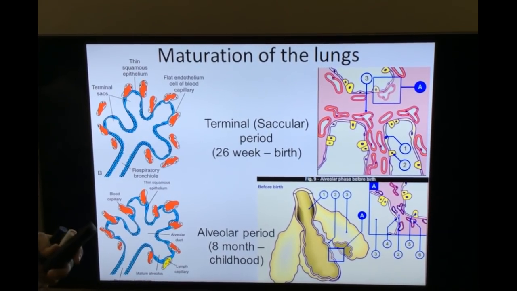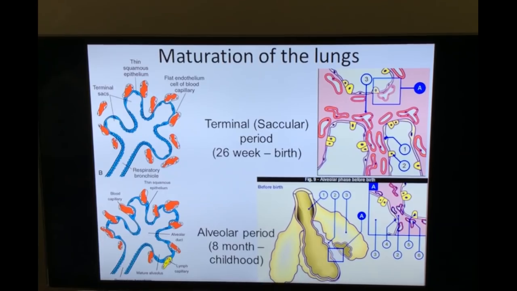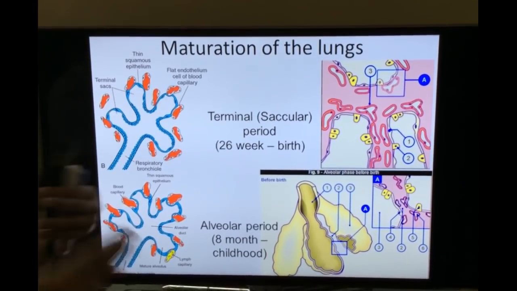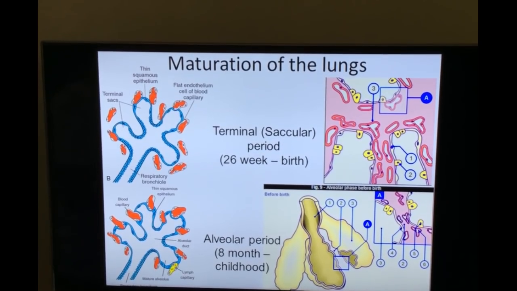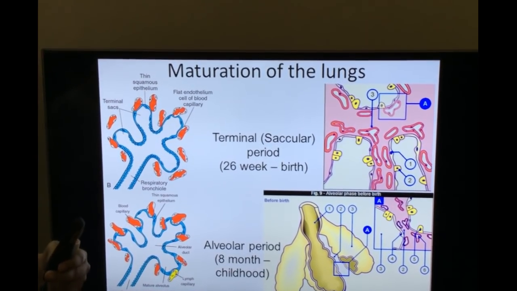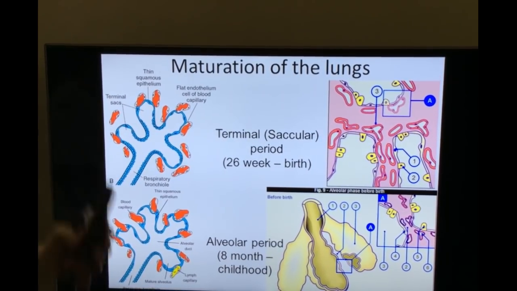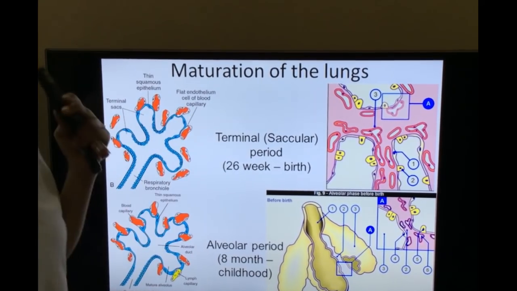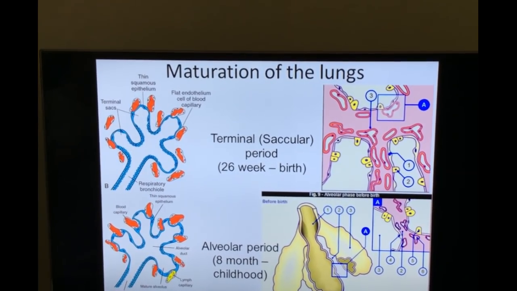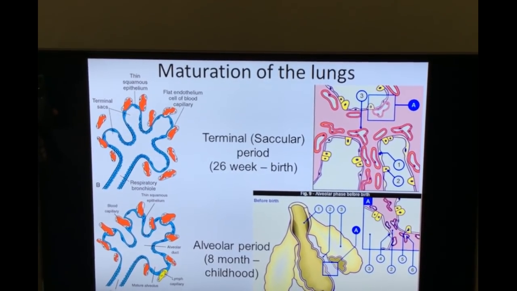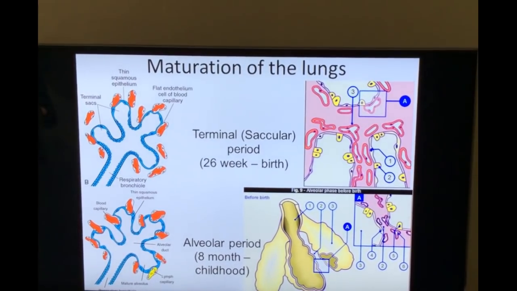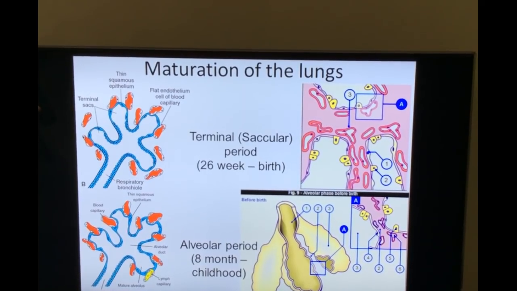So the main function of the surfactant is that it prevents the air-blood interface, and it lowers the surface tension, which helps in preventing the collapse of the alveoli. When you observe the fetal lung, when you take a section of the fetal lung, the alveoli will be filled with fluid.